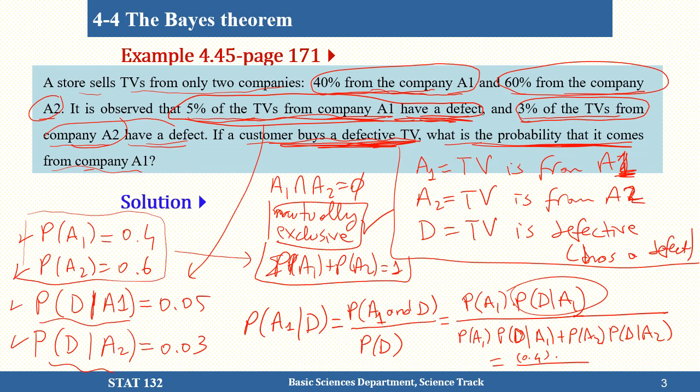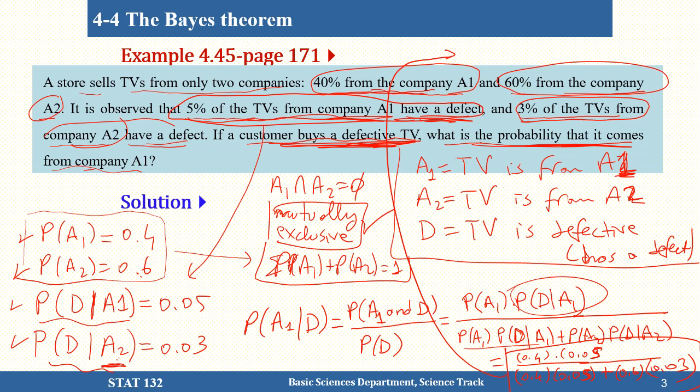The probability of D given A1 is 0.05, and we have the same thing here, plus the probability of A2, which is 0.6, times the probability of D given A2, which is 0.03. Okay, sorry, I made a mistake earlier. This is 0.05, here is 0.05, and this is 0.03. So this is the answer, so I will put it here.